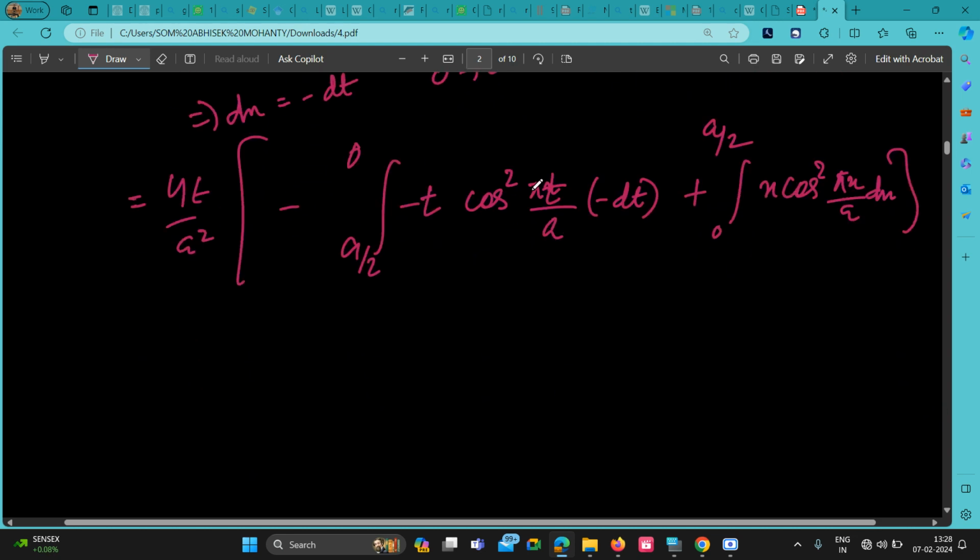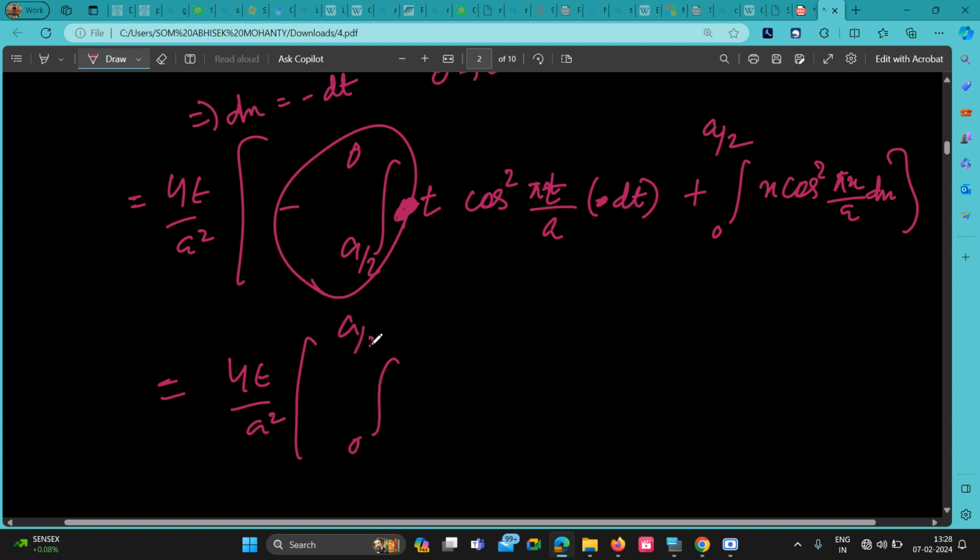Now see, minus minus becomes plus, and this minus will exchange the limit. So 0 to a by 2 t cos square pi t by a dt plus 0 to a by 2 x cos square pi x by a dx.